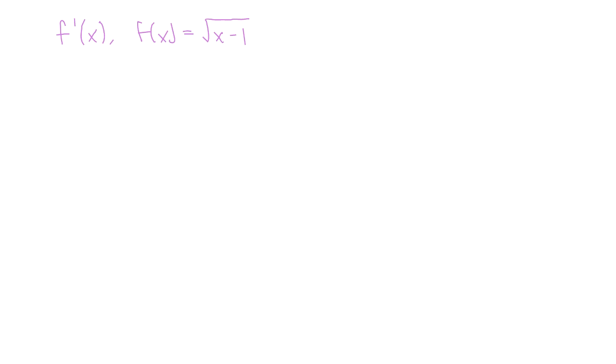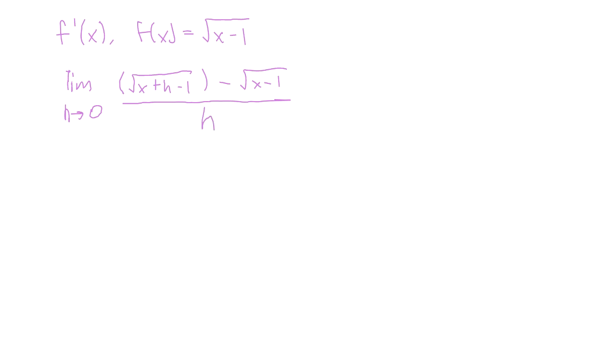So let's take our limit as h approaches 0 of the square root of x plus h minus 1, minus the square root of our initial function f of x, which is the square root of x minus 1, all over h.